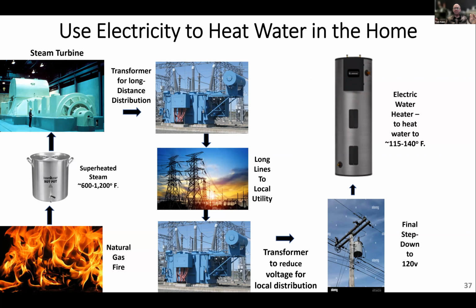It gets converted in many cases between AC and DC and back and forth. Then it goes back down, and then it reaches your local utility, and it's ramped back down. And then it goes to a neighborhood pole where it's finally ramped down generally to 120 volts, where it then goes to an electric water heater to heat the water to 115 to 140 degrees.